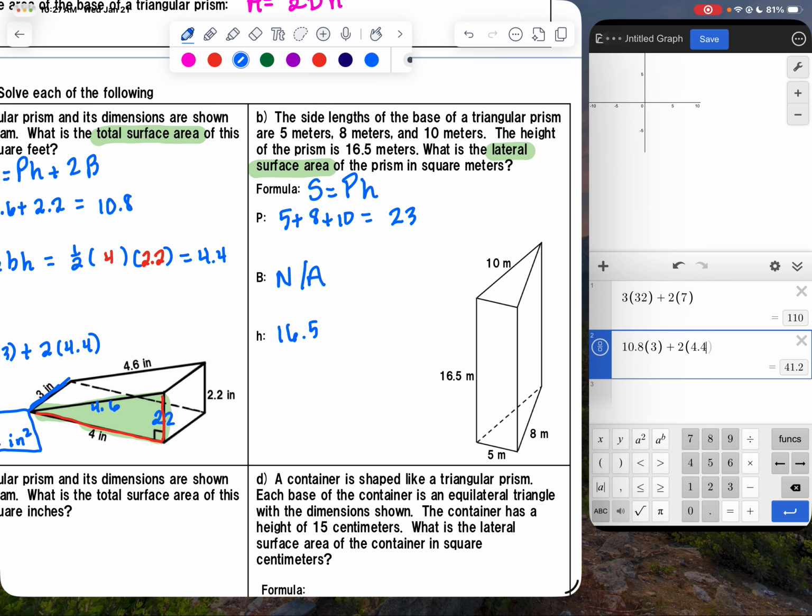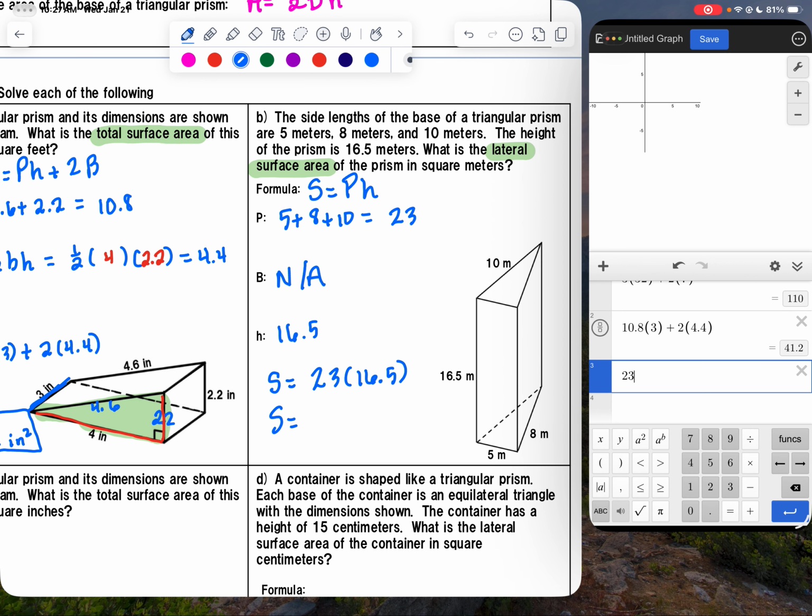So now we know everything we need to plug this into our formula. So surface area would equal perimeter of the base, which is 23, times the height, which was 16.5. So 23 times 16.5 would give us 379.5 square meters.